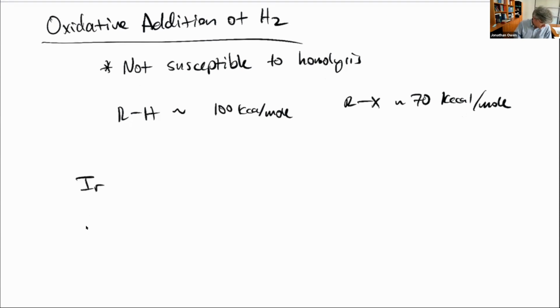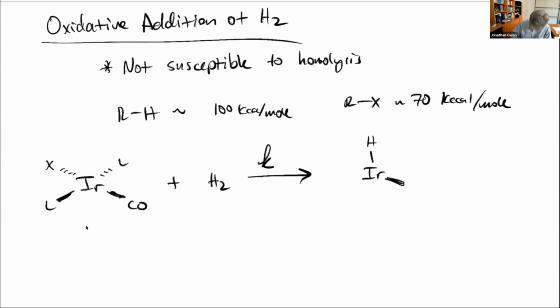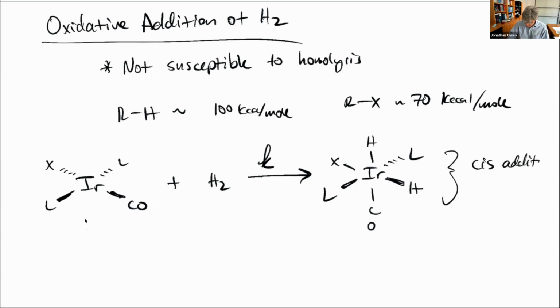Iridium adds dihydrogen this way, and it gives you the cis addition product. Unlike methyl iodide.